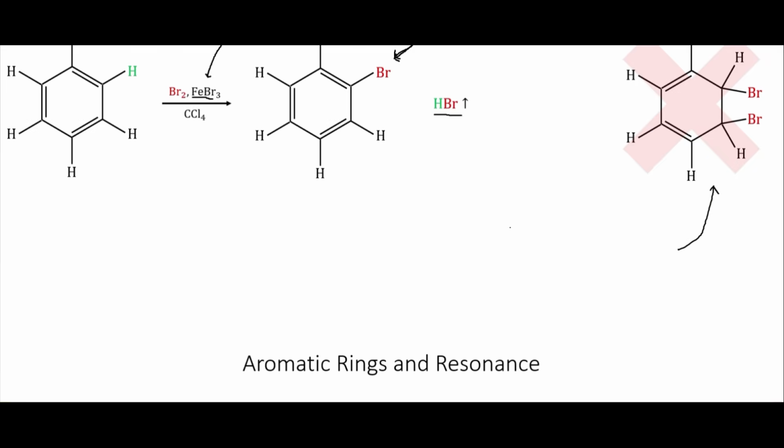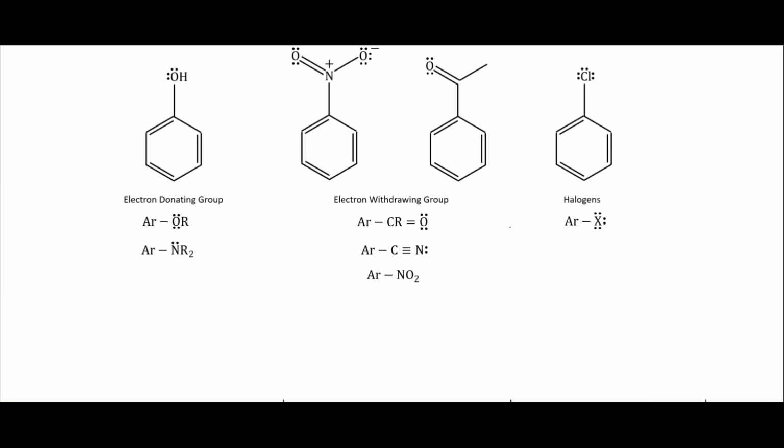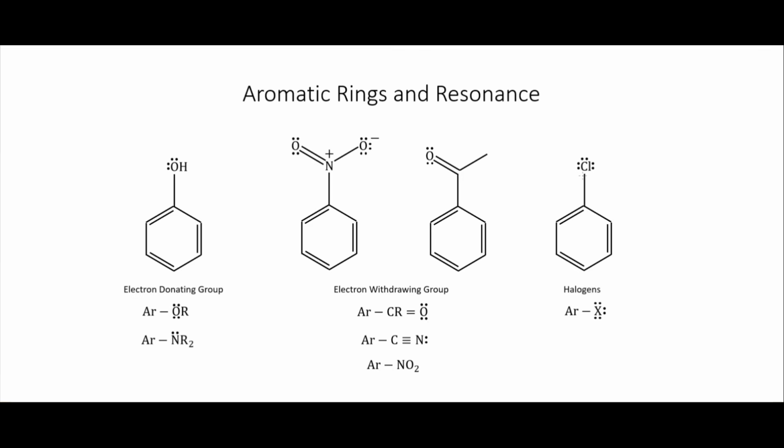And one other thing I wanted to talk about in this video is the aromatic rings and their resonance. If we start putting different substituents onto our aromatic rings, then we can actually get different reactions. Again, we will look at this in a lot more detail in future videos, but we can categorize these types of substituents as either electron donating groups or electron withdrawing groups.